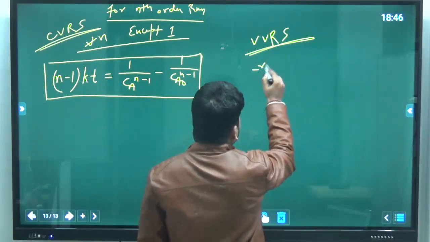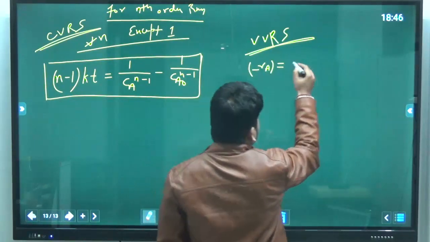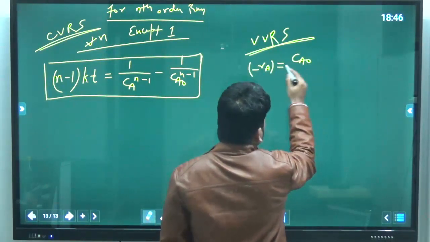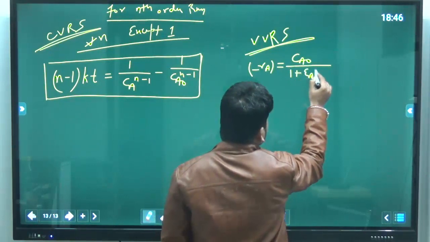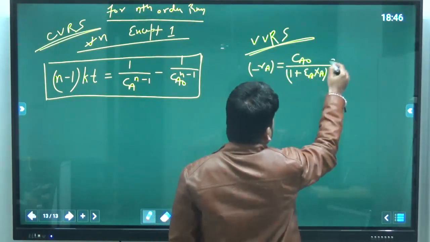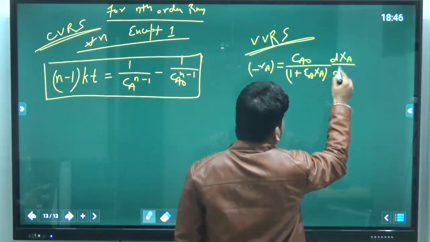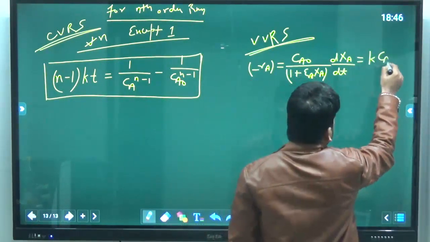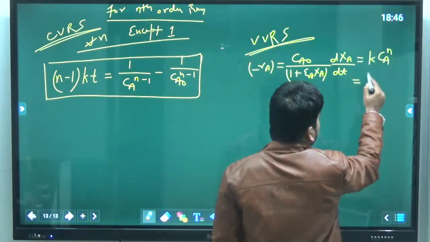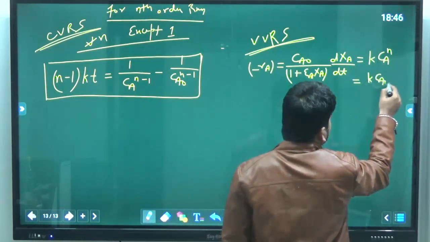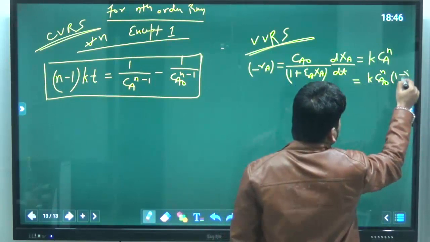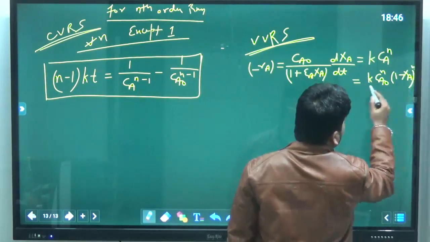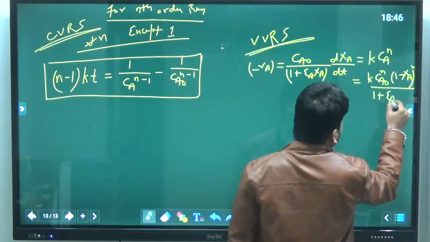We know that for VVRS, rate of reaction can be defined as Ca naught over 1 plus epsilon A xa into dxa over dt. Okay, that should be equal to k Ca power n. And for VVRS, we can write this Ca as Ca naught 1 minus xa over 1 plus epsilon A xa.